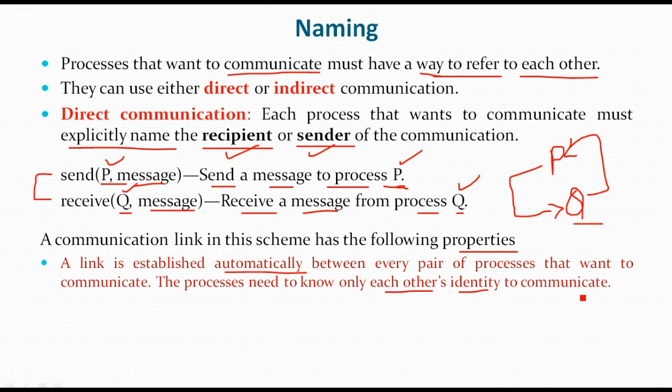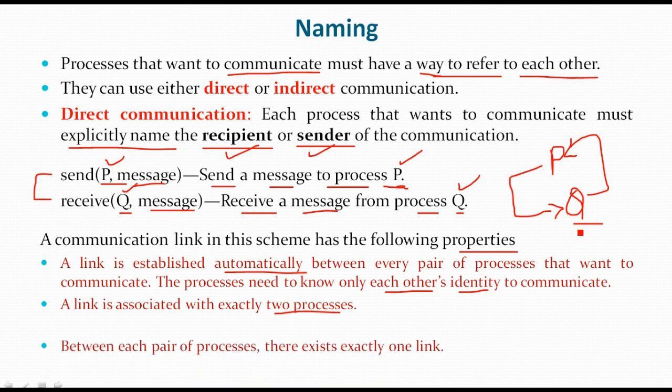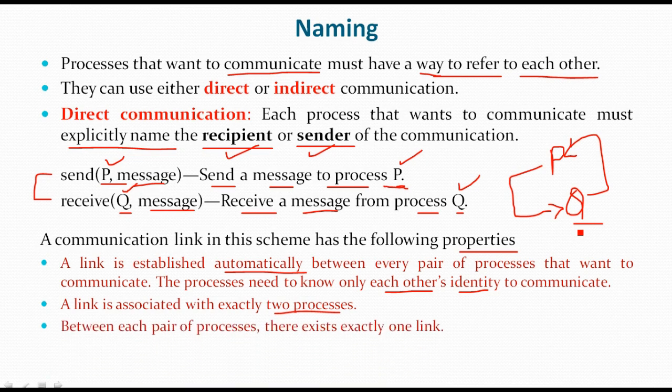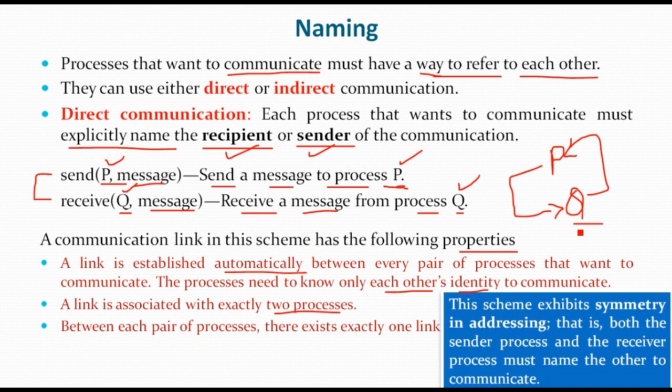The second property is that a link is associated with exactly two processes, means this link is established between the two processes explicitly. Between each pair of processes there exists exactly one link, means we have a single link between the two processes. Now, this scheme exhibits symmetry in addressing. What is meant by symmetry in addressing?